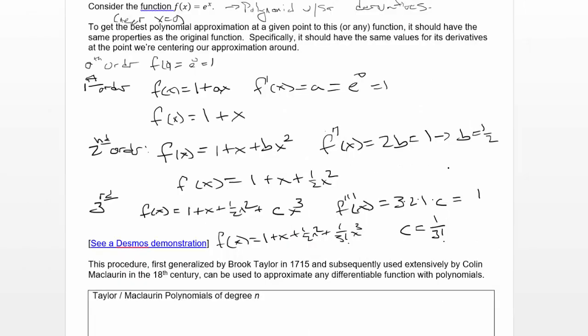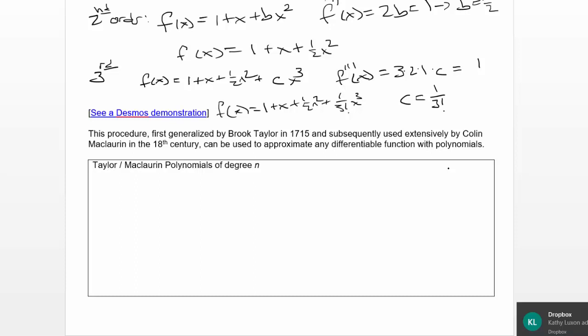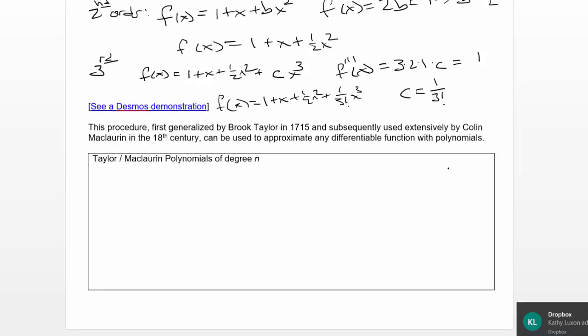So putting that together, we'll state the rules to make a Taylor polynomial. And then in the next video, we'll look at some examples of using this. A Taylor or Maclaurin polynomial of degree n is written in the following way.